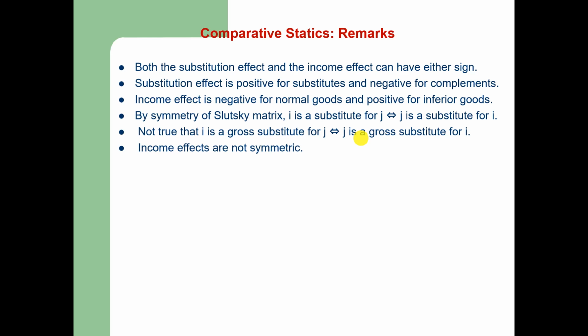And then we use various theorems, that is the Slutsky theorem and the simple identity, to relate the Hicksian demand function and the Marshallian demand function. And finally, we use that analysis to classify goods into substitutes and complements, gross complements and gross substitutes, and inferior goods, normal goods, Giffen goods and regular goods.